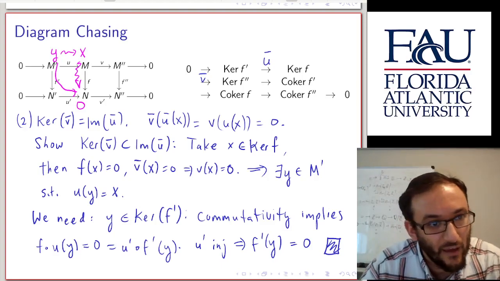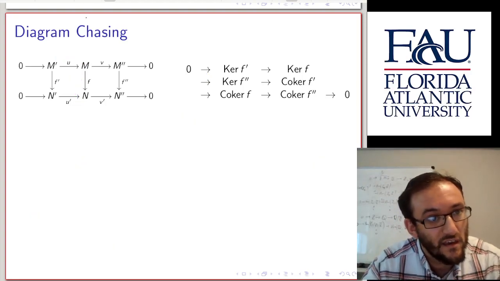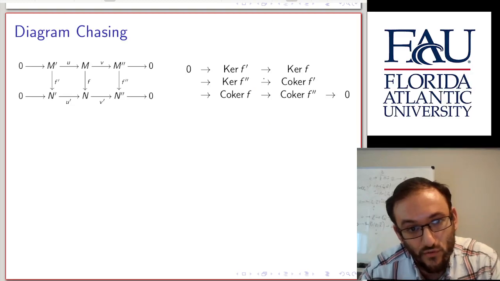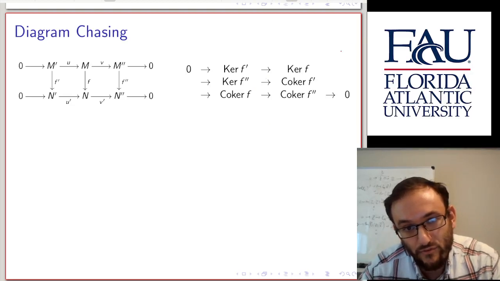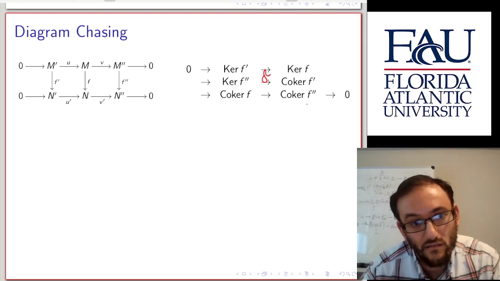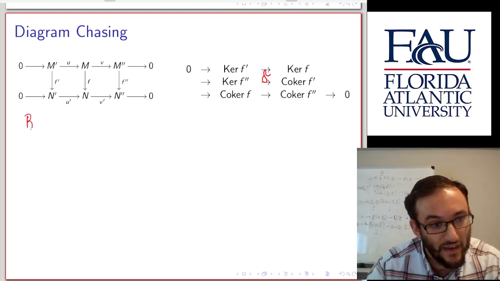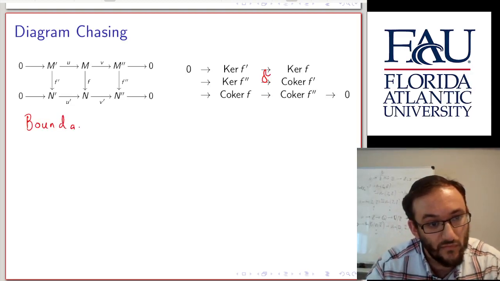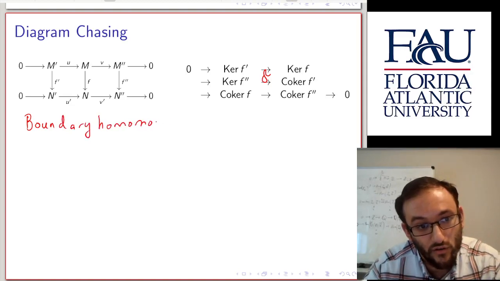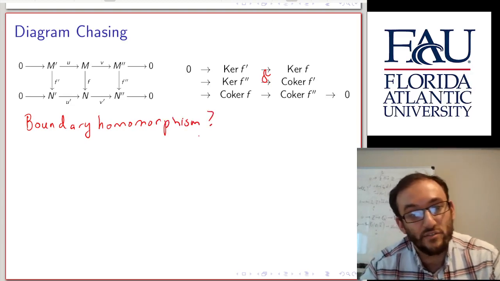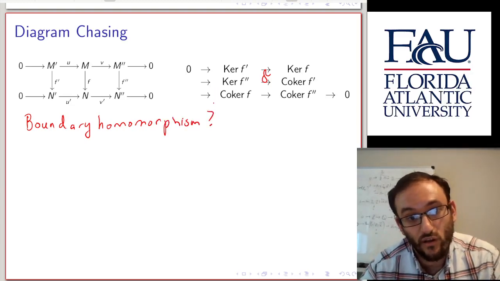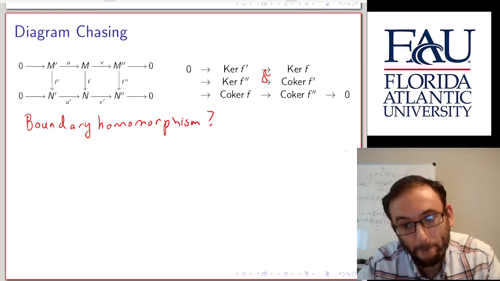Okay, and we'll just do one more of these, and that's in order to specify what this boundary homomorphism is. So what is the boundary homomorphism? Okay, so we want to be able to take something from the kernel of f double prime and map it to something in the co-kernel of f prime.